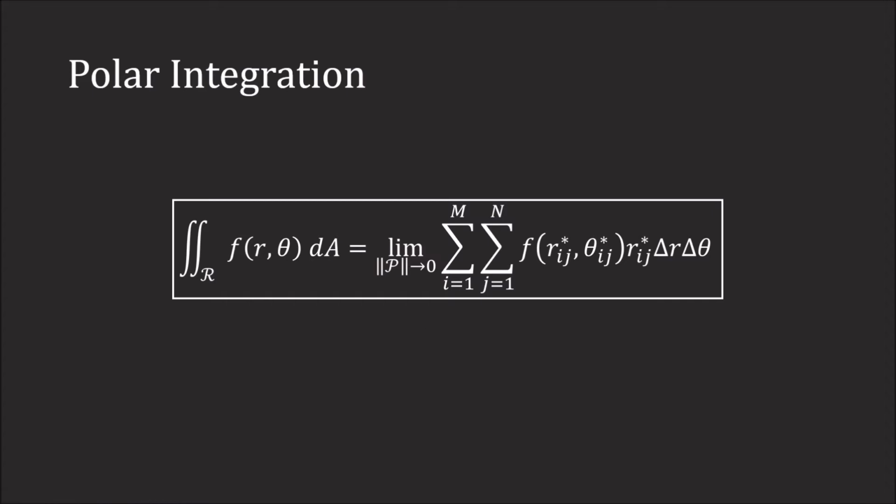Well, that's great if we're given a function in terms of r and theta. What if we're given a rectangular function? That is, it is a function of x and y.